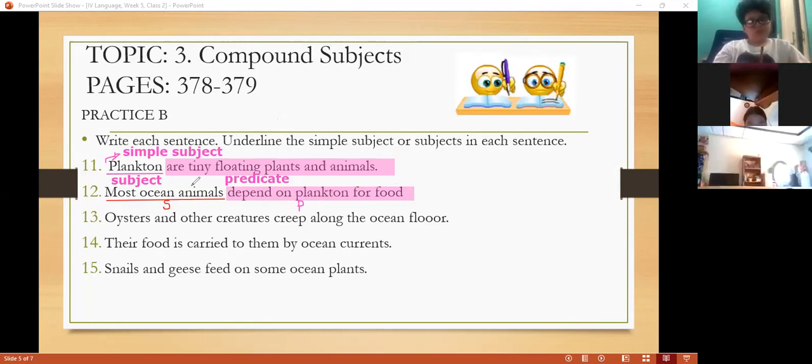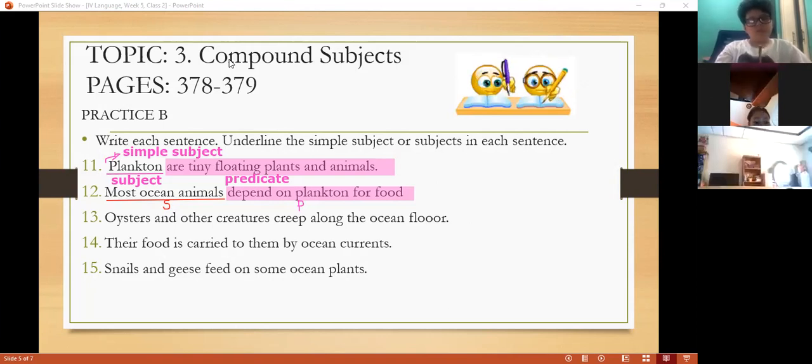Now, what is the simple subject in most ocean animals? Animals. Yes, animals is the simple subject. Ocean animals is the same; we're talking about animals, and which types of animals? The animals that are in the ocean.